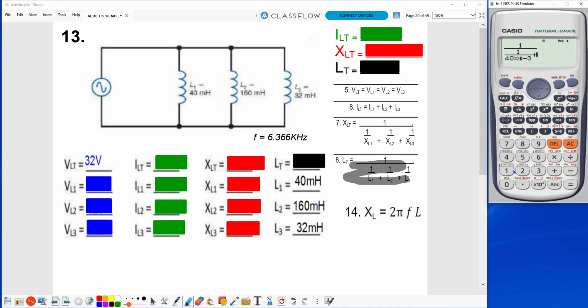Scroll over, plus 1 over 160 times 10 to the negative third millihenries. Scroll over, hit plus 1 over 32 times 10 to the negative third millihenries. Hit equals, hit engineering, and my total inductance in this circuit is 16 millihenries.